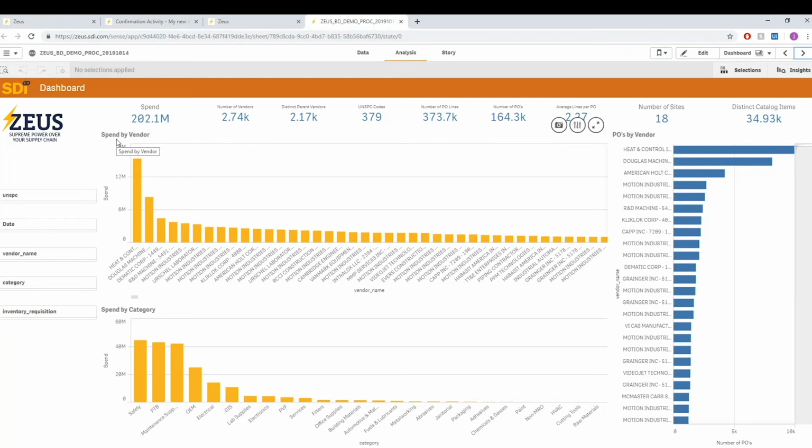Here you can see some major charts we refer to: spend by vendor, POs by vendor, and spend by category. Spend by category is another part of our stack that's near and dear to my heart. We actually use some AI to help categorize this data, because one of the things that we found is that the incoming data that clients categorize is almost always not up to par.